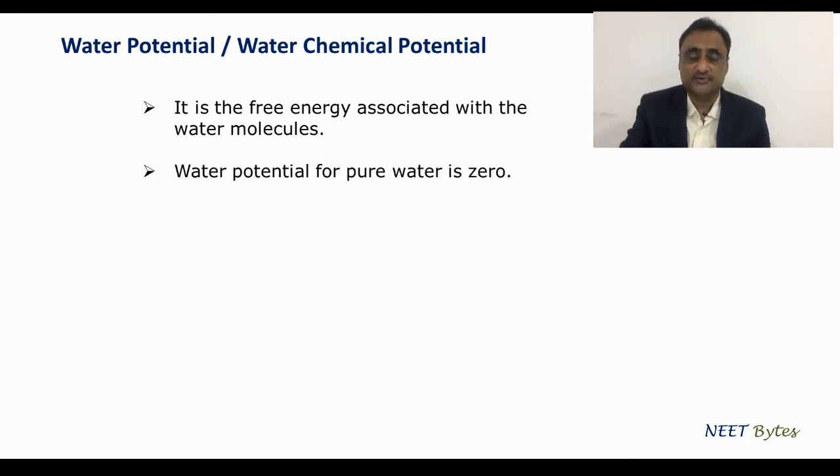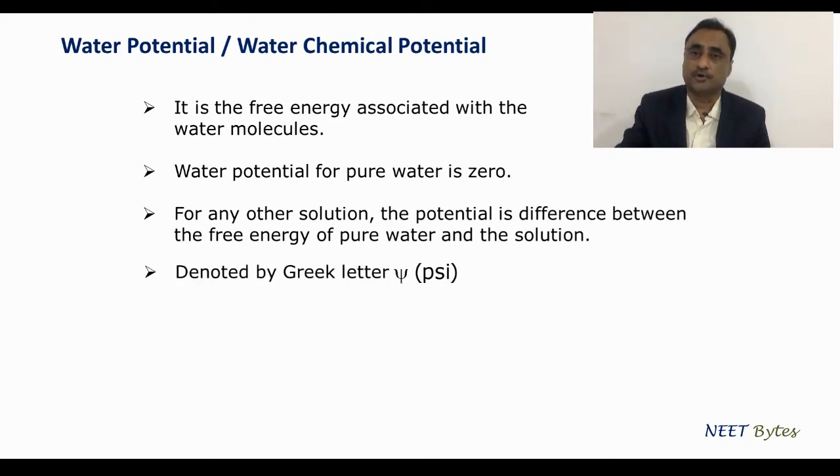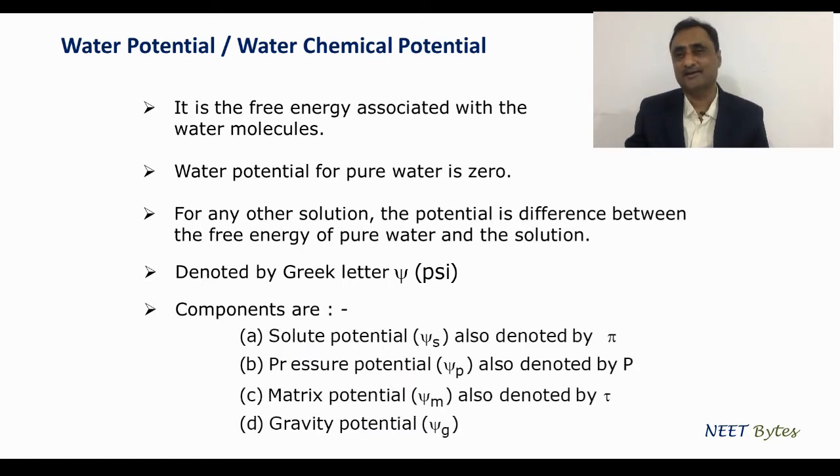Now let's discuss the components of water chemical potential. The components are solute potential, pressure potential, matrix potential and gravity potential. Today, one by one, we will discuss all these potentials.